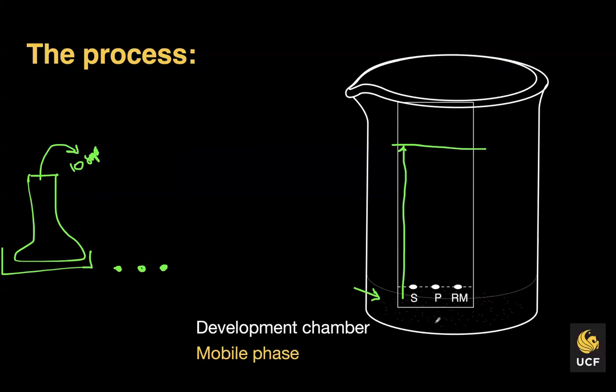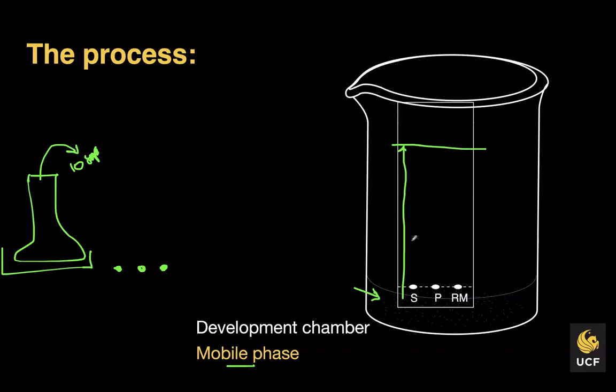Now those molecules will move up the plate based on their interaction with the solvent system and based on their interactions with the mobile phase, right? So what's the idea of running a TLC? Not only can we separate molecules within a reaction mixture based on their relative affinity or interaction with the TLC plate and with the solvent system, but we can also compare what we call the RF value based on whatever solvent system we have.